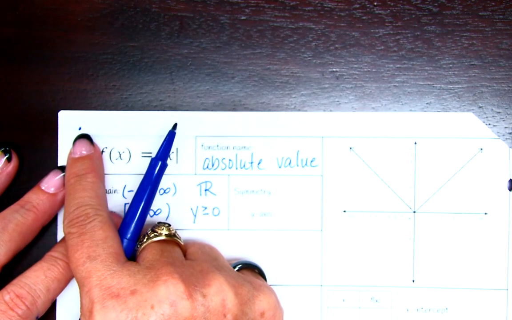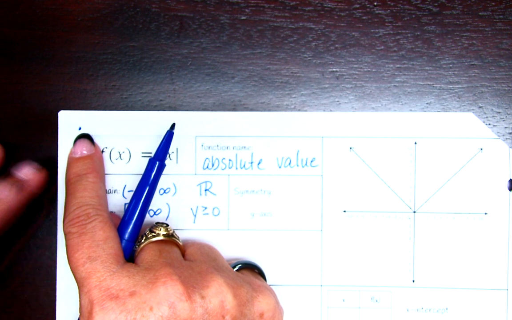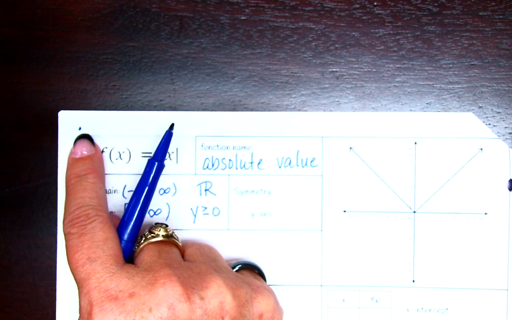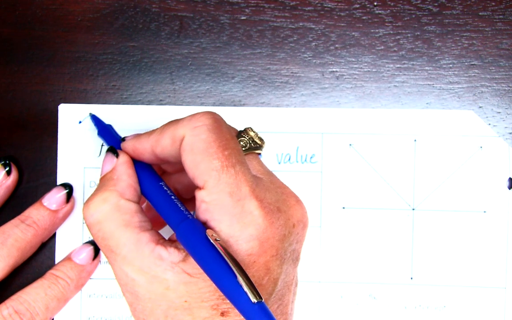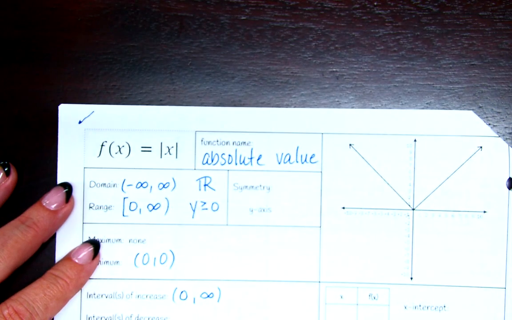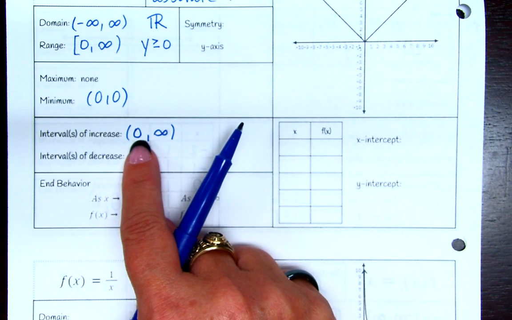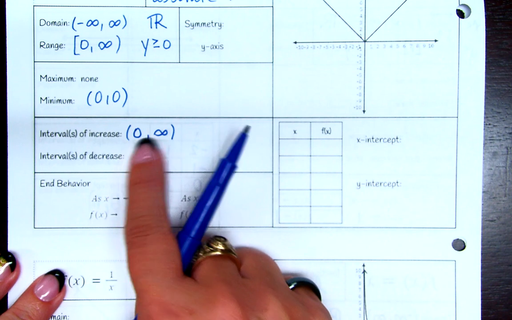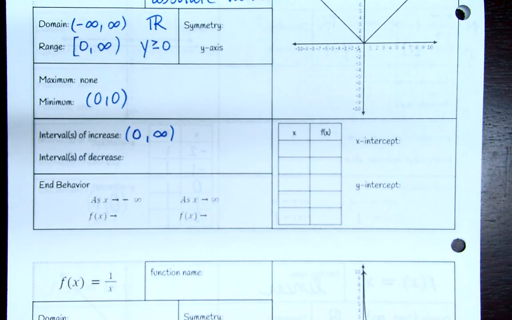Is that point increasing or decreasing? It can't, right? The point doesn't increase or decrease, does it? But after 0, is that increasing or decreasing? That's increasing. So when I look at the 0, it is not increasing at 0 because 0 is a point, and it can't increase at a point, but after 0. So not including 0, but going all the way to infinity. Those are both parentheses because I can't include the end point. Does that make sense? Okay?